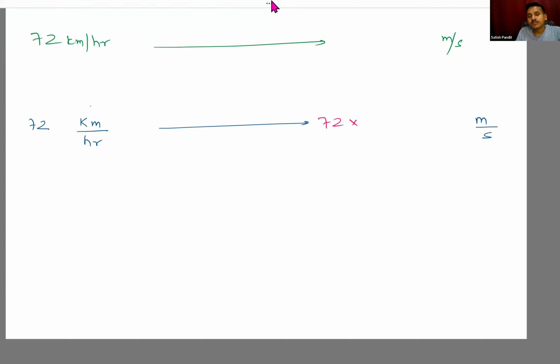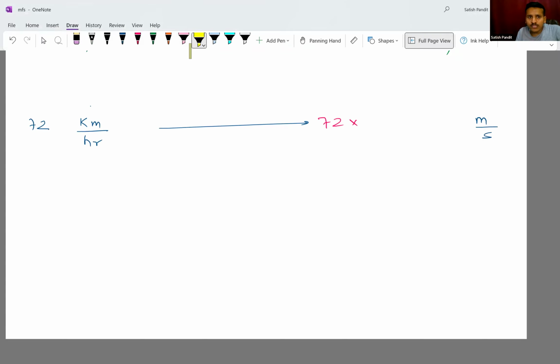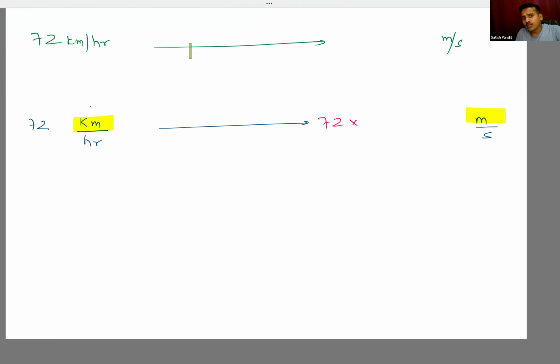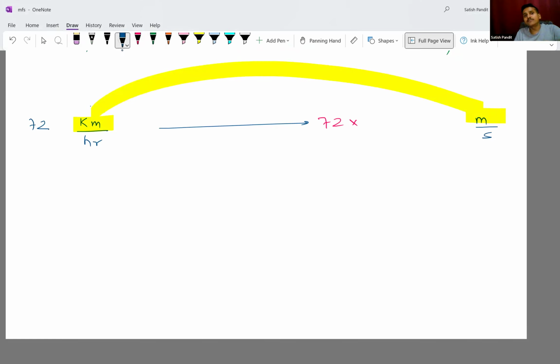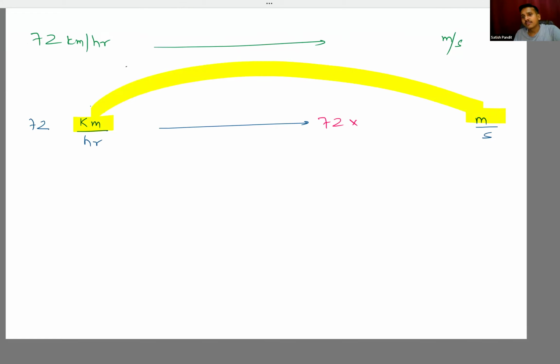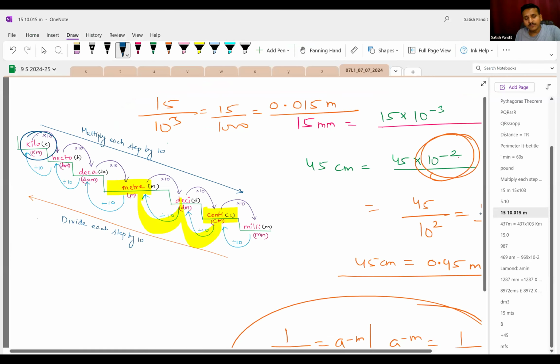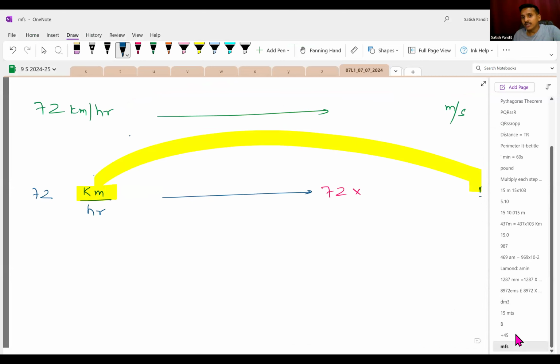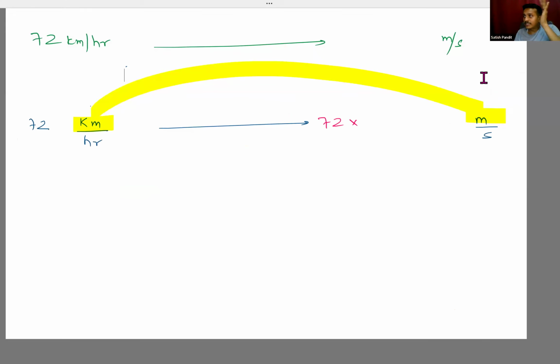Put a multiplication sign. Now, kilometer you have to convert to meter, because on top you convert kilometer to meter. If you see the ladder diagram, kilometer to meter, 3 jumps you have to take. 1, 2, 3. So 10 to the power 3 is 1000, right? 10 to the power 3 means 1 followed by 3 zeros.